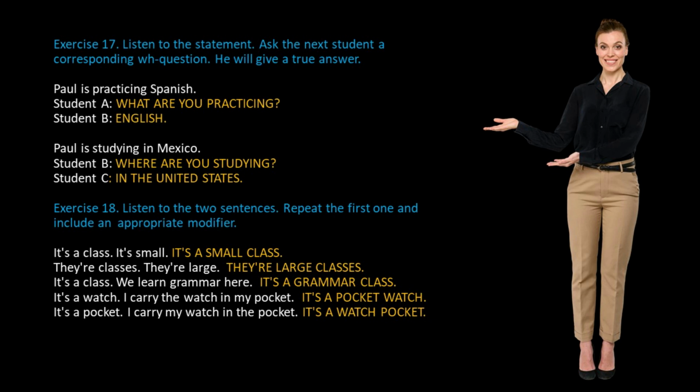We learn grammar here. It's a grammar class. It's a watch. I carry the watch in my pocket. It's a pocket watch. It's a pocket. I carry my watch in the pocket. It's a watch pocket. Now, please do the following exercise. You can pause your video until you finish the exercise.